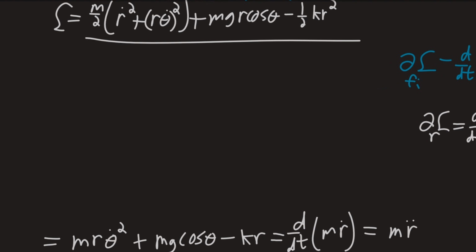So the partial derivative with respect to theta of all of this, well, every term goes to 0 except for this middle one right here. So what we have is just minus mg times r sine of theta.